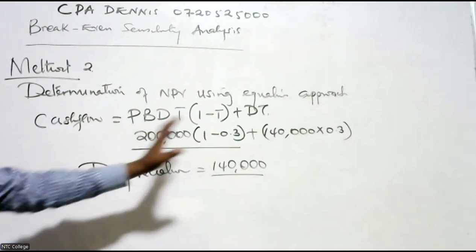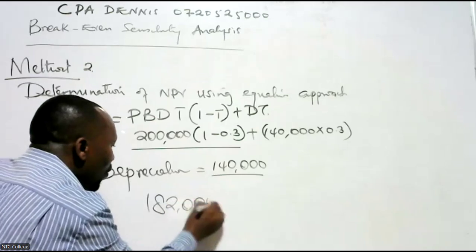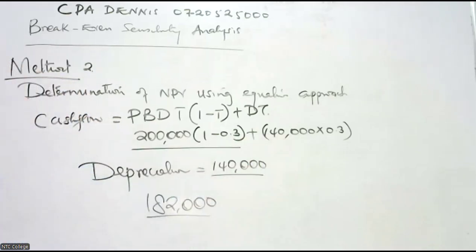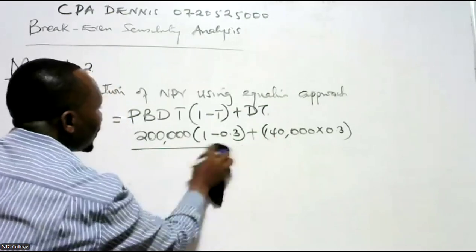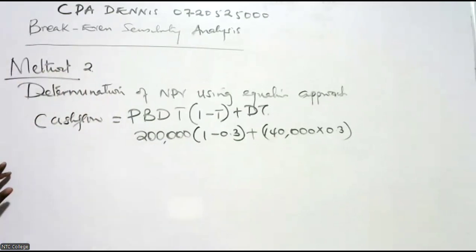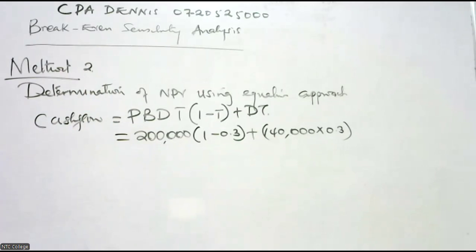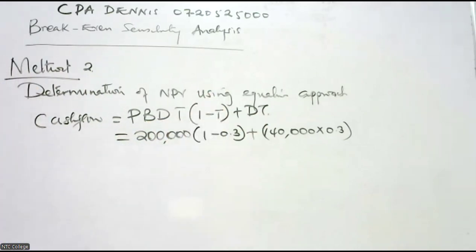So can somebody tell me, if you're going to get 182,000. Please confirm to me if this formula can give us 182,000. Are we shielding ourselves? Yes. So that tax we add it back because it was deducted here. So we add it back, the portion that we should have saved.